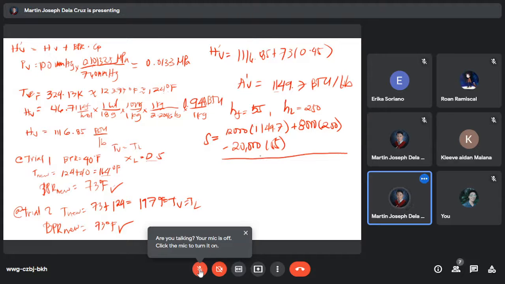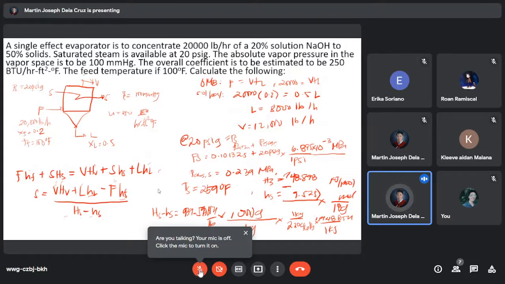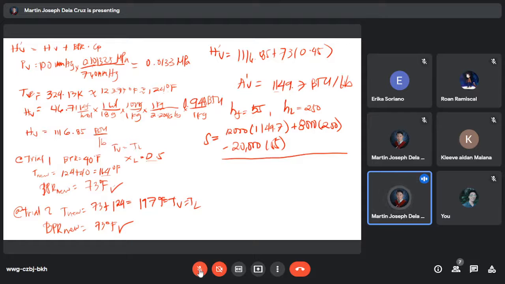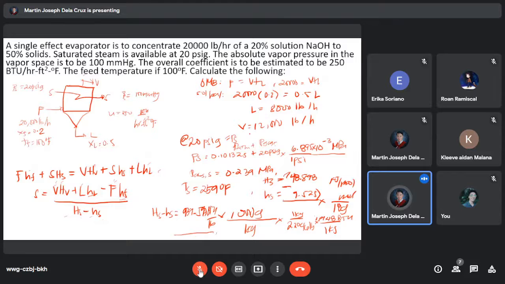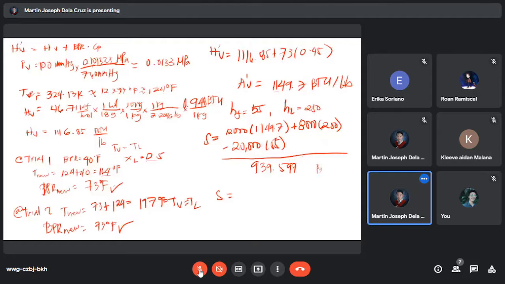All over. Ito class, yung nakuha natin kanina, 939.597. So, ano kaya yung answer? So, this is BTU per pound. This is BTU per pound.